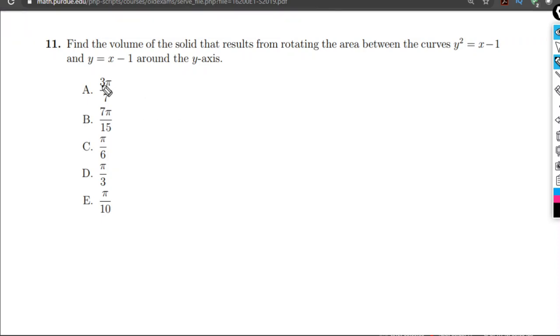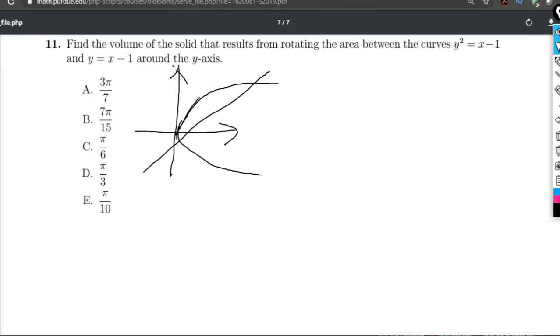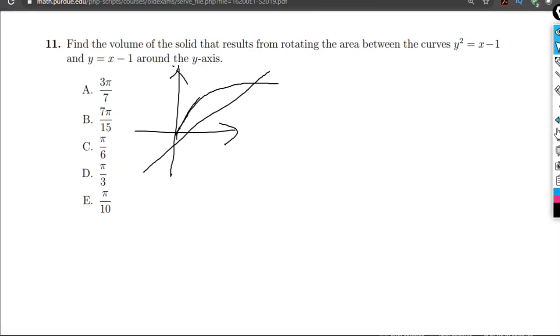Here, draw the same graph, the line and the parabola here. Is that right? No. Yeah, that's not the right graph. x minus 1.